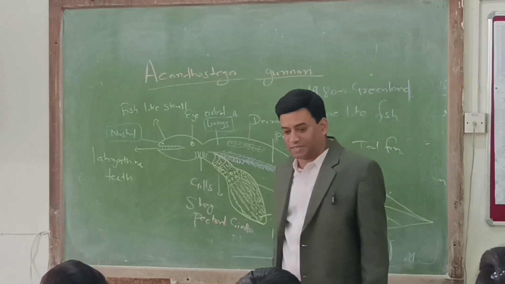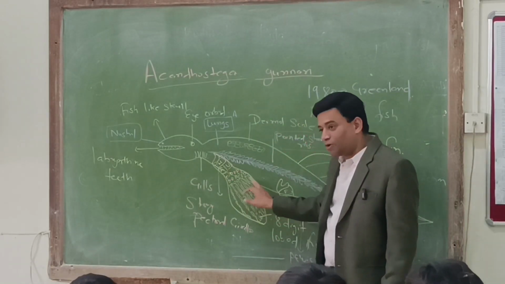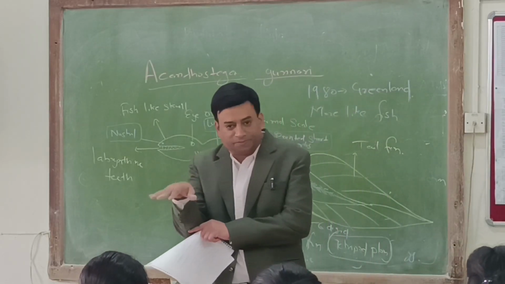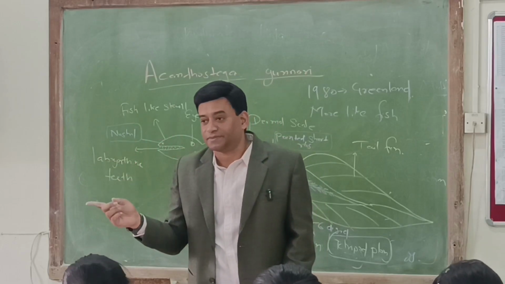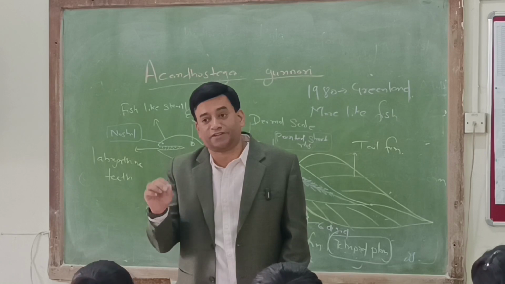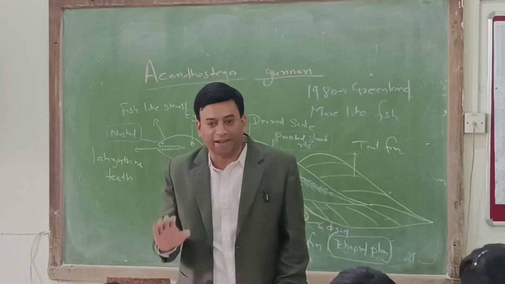But there is an interesting thing, and the thing is that there is no joint between these bones. So it cannot move its wrist, it cannot move its elbow like Tiktaalik roseae. That again proves that although it has the tetrapod plan, it cannot drag its body on the land.